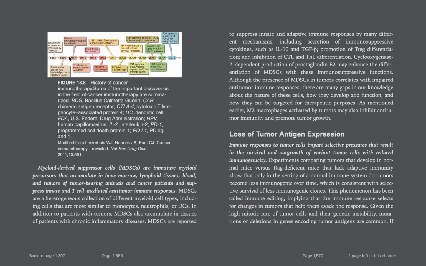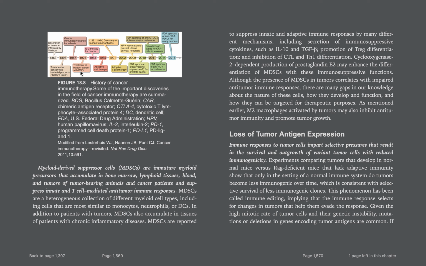So, description of immune infiltrates by Virchow, that was 1863. Thereafter, treatment of cancer with bacterial products, Coley's toxins, that was 1898. Cancer immunosurveillance hypothesis, 1957. Treatment of bladder cancer with BCG, 1976.